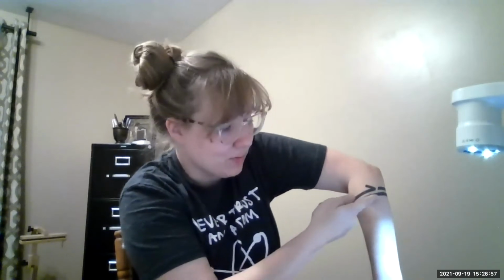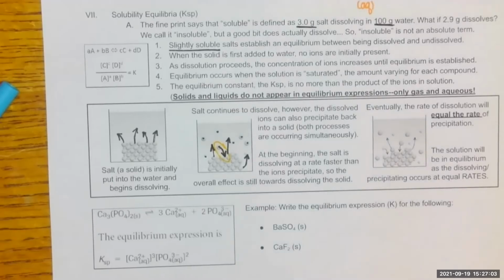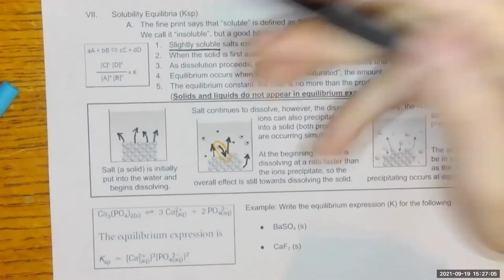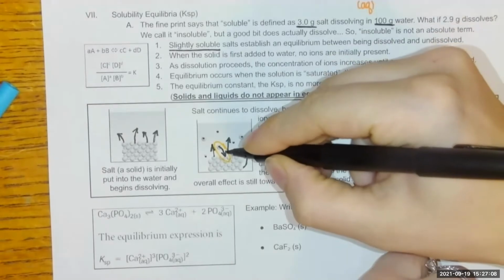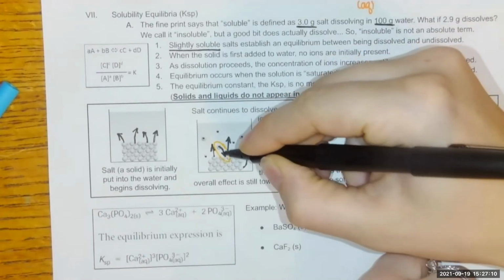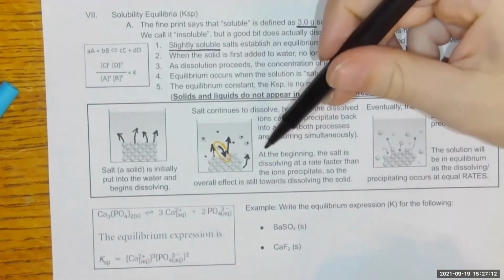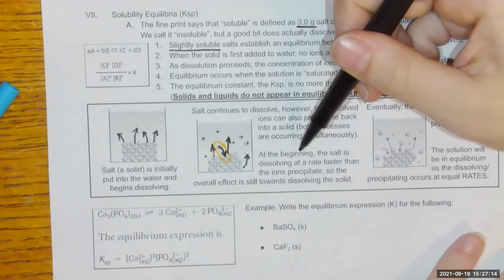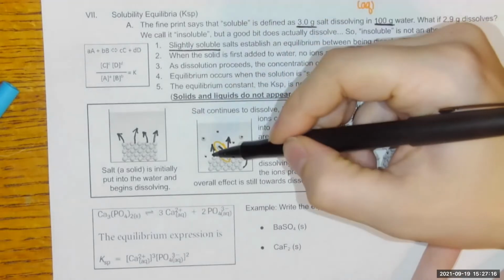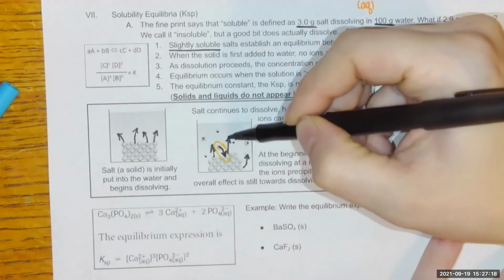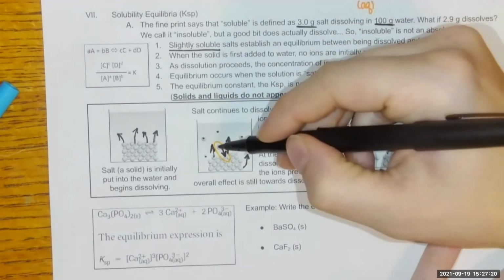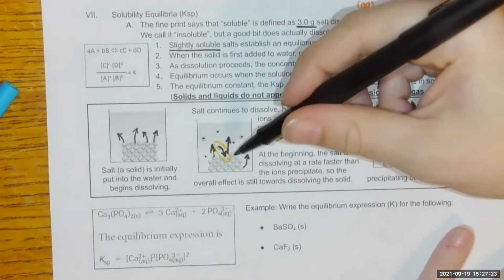Dissolving, re-solidifying. I liked that idea so much, I got it tattooed on my arm. So on the one hand, things are dissolving and re-solidifying. At the beginning of the dissolving process, there are more arrows dissolving and not as many re-solidifying.